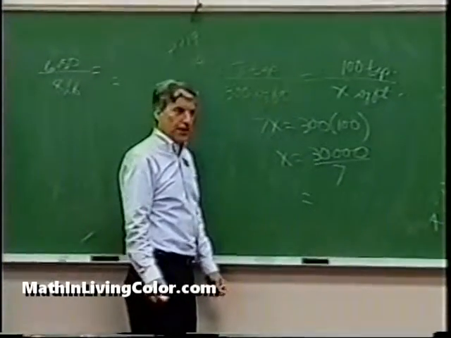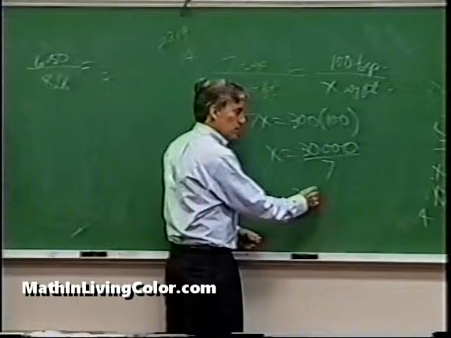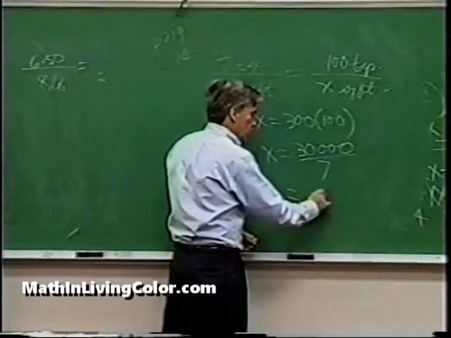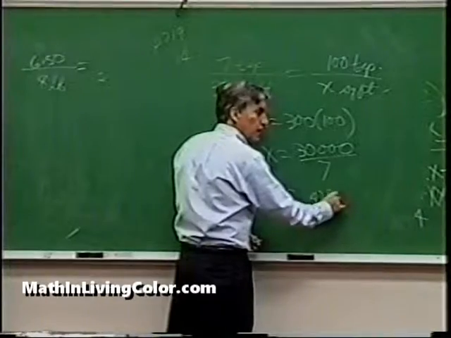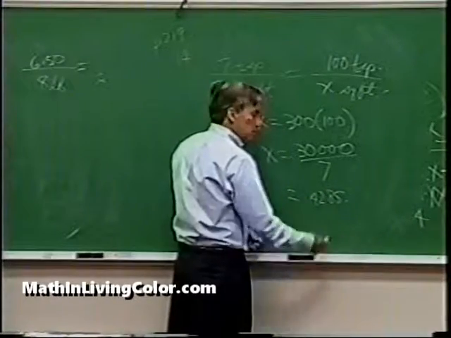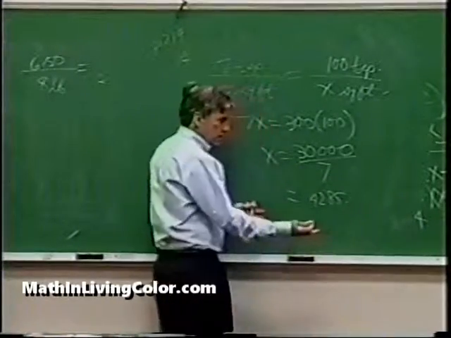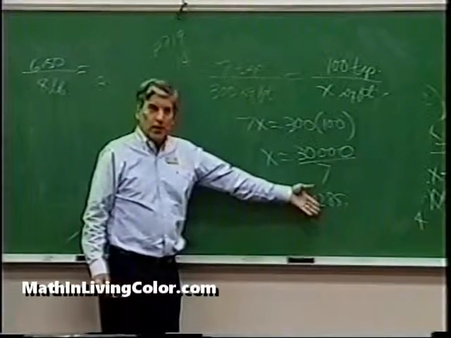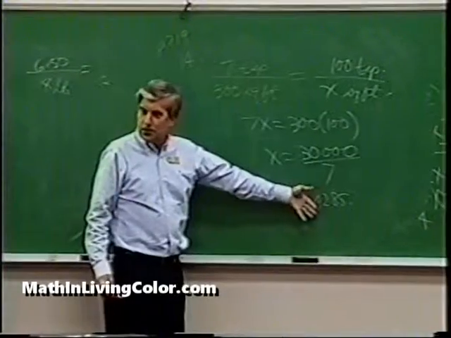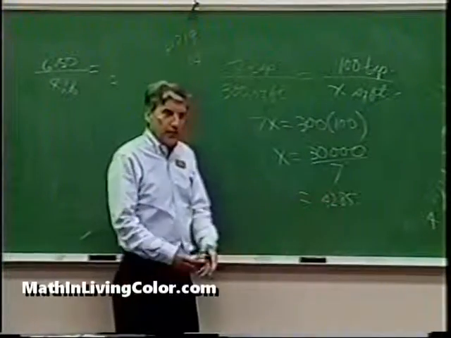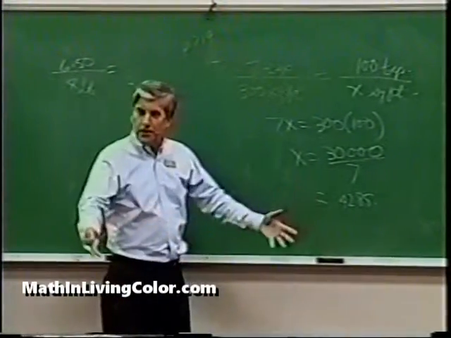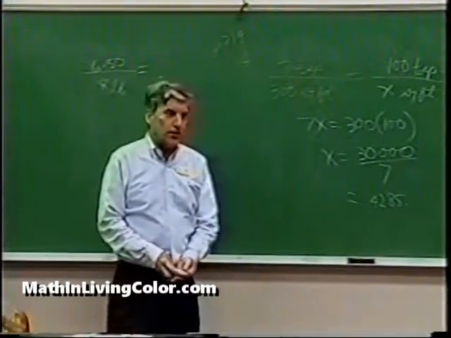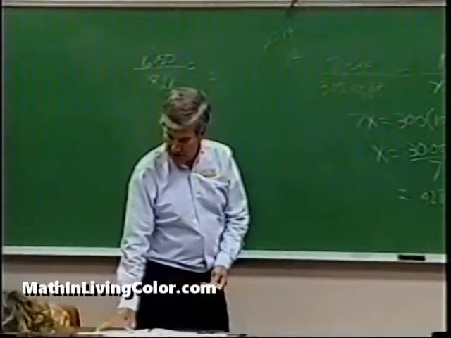What would you have for an answer? 4285 point something, but actually it's about 4,300 square feet. This is not a precise thing. We're just trying to figure out how many square feet of coverage we have for this particular gardening chemical. Any questions on that?